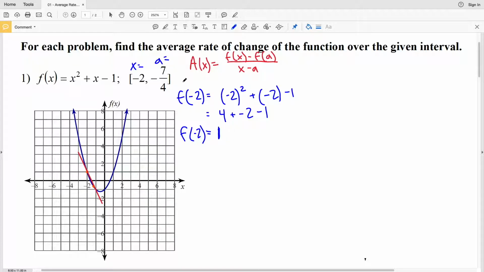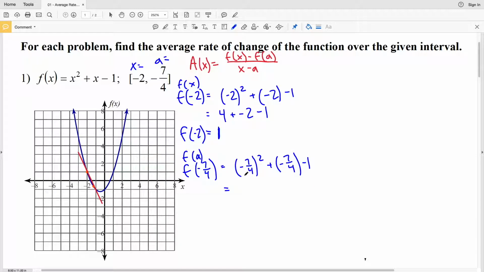Now let's find f of a. F of a is going to be f of -7/4. So we'll have -7/4 squared plus -7/4 minus 1.